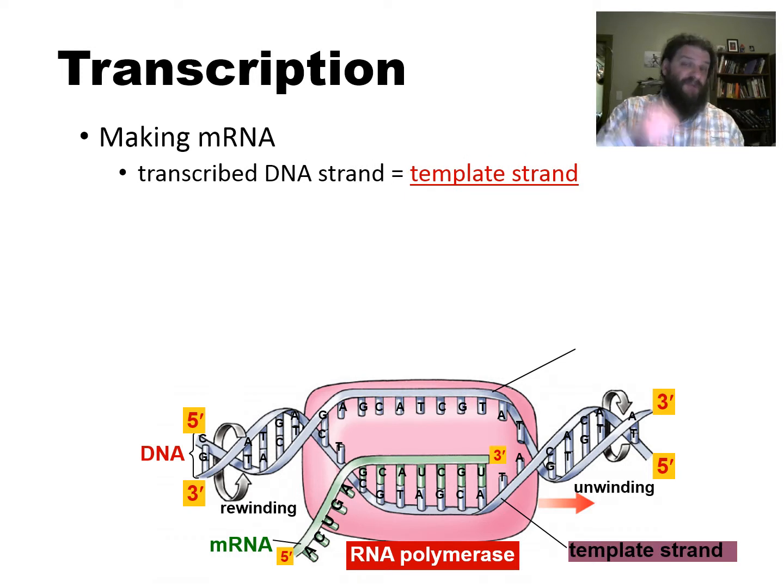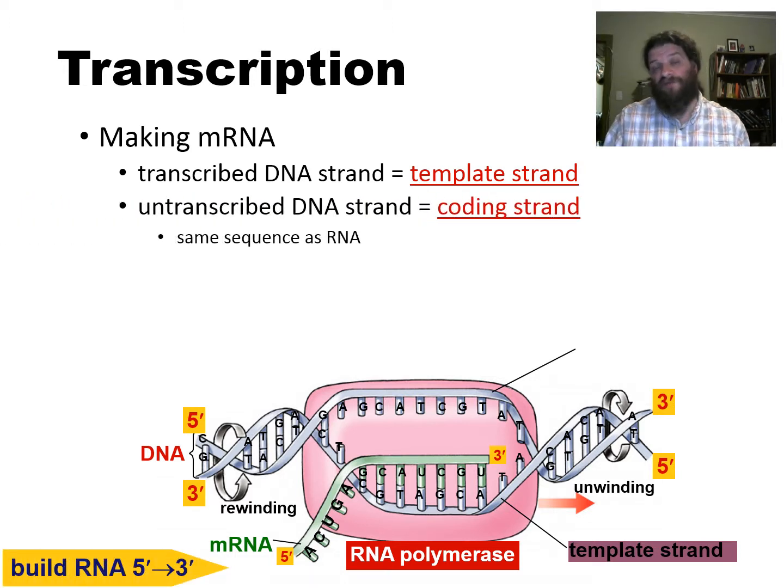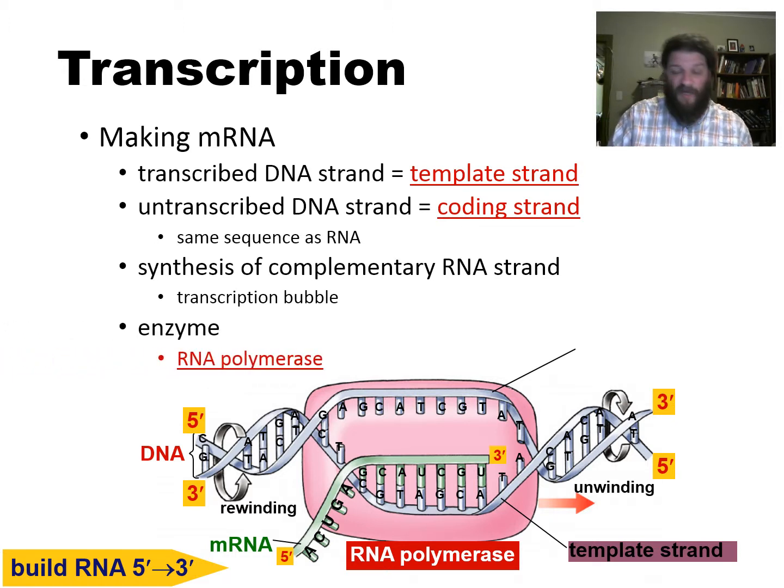Now, DNA is double-stranded, and only one strand is actually turned into messenger RNA, and that's called the template strand. The other strand is called the coding strand. It's the complement of the template strand, just like the RNA is the complement of the template strand. So it's going to have the same sequence, except for the A's and the U's. Where it comes unzipped on the DNA molecule, it's called the transcription bubble. And of course, all of this is catalyzed by enzymes.